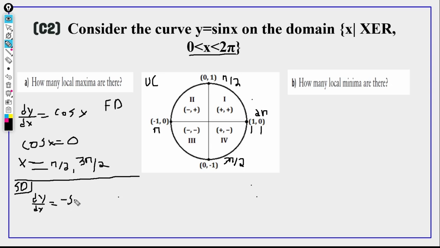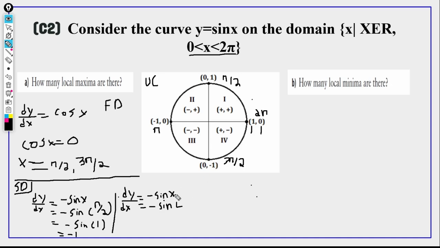At pi over 2, negative sine of pi over 2 equals negative 1. Now we do the same thing for 3 pi over 2: negative sine x, where sine at 3 pi over 2 is negative 1, so negative sine gives positive 1.